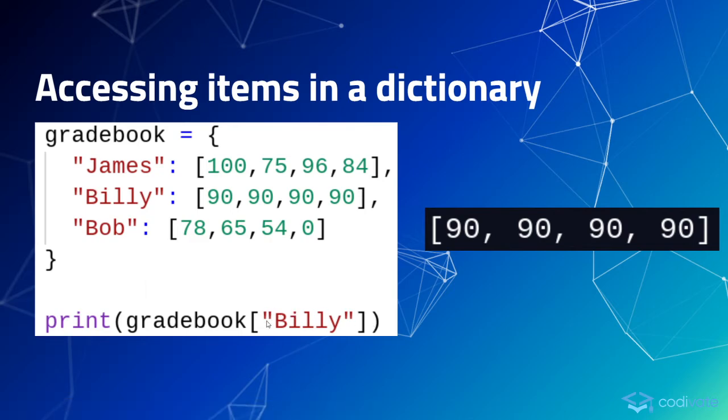In this case, we specify Billy. One thing you'll notice is that we don't use an index here because there is no index. The only way we can identify the values in the dictionary is through the keys that line up with them. So since we want this list of grades, Billy's list of grades, we have to specify that the key is Billy.